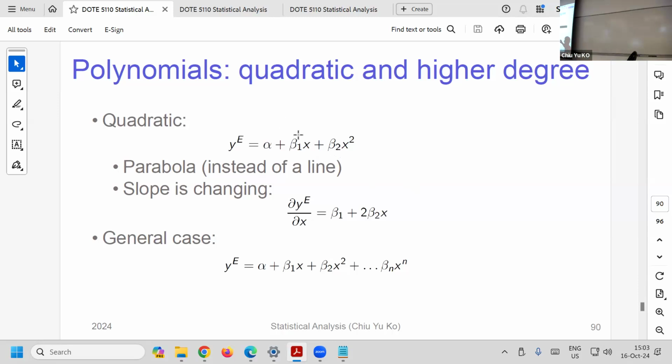But when you take the partial differentiation over x, beta 1 is when you increase x by 1, y is expected to increase by beta 1, but also 2 times beta 2 times the value of x, right? So how x changes y depends on where you are, right? And they are related as well, okay? In general, you have x to the n, which is also the same, so that would be the interpretation.